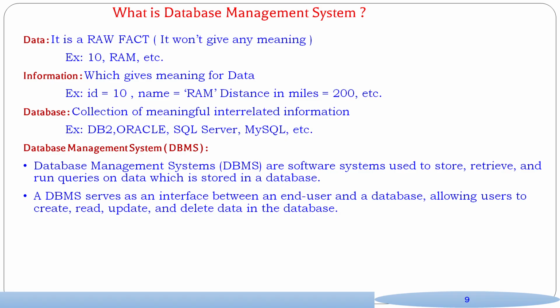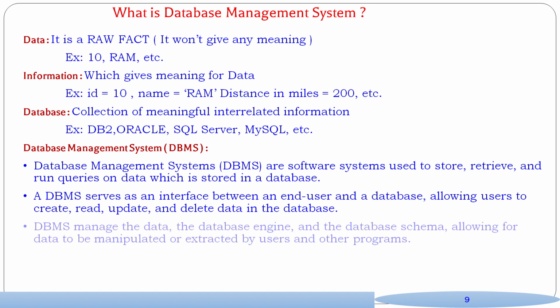We can create a table, read the contents and fields in the table, update information in the table, and delete data in the database. These are the various operations in the DBMS. It also manages the data, the database engine, and the database schema, allowing the data to be manipulated or extracted by the user and other programs.